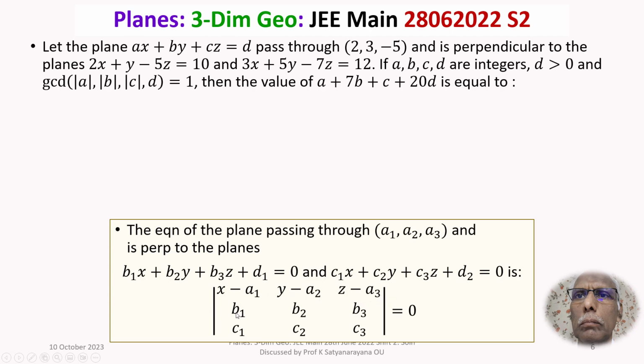The second row is b1, b2, b3. The third row is c1, c2, c3 and the determinant is equal to 0.